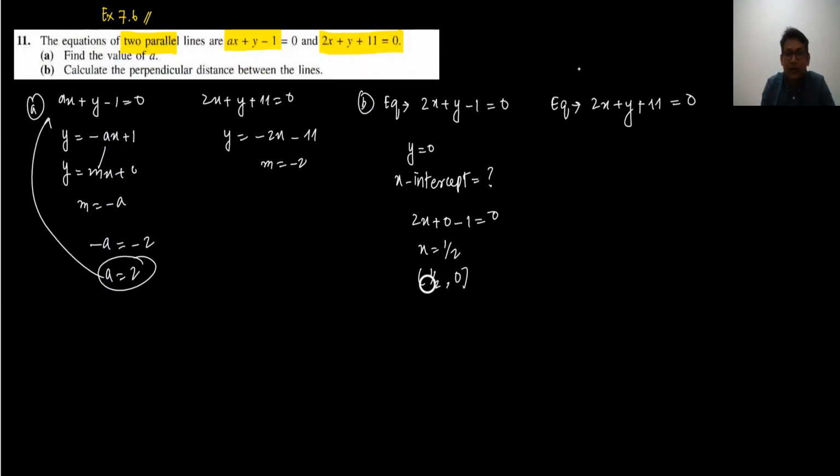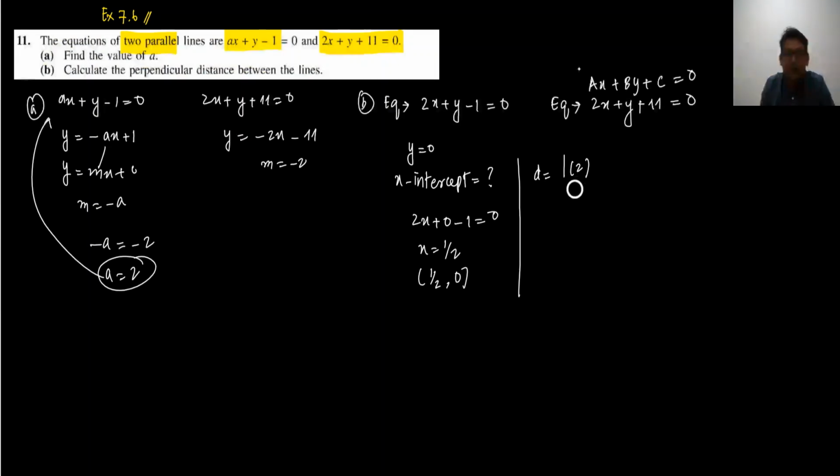We got the coordinate, and we have the equation. So can we substitute the value in the formula? Distance equals, in the modulus, ax1 plus by1 plus c. A is 2, B is 1, C is 11.